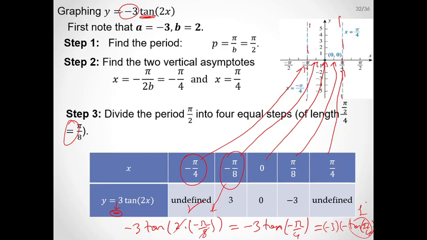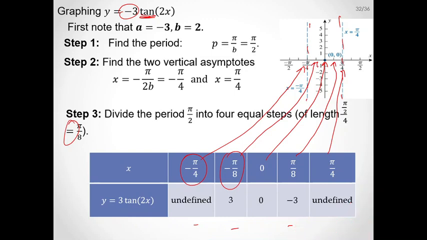Tangent 45 is 1, so you will get -3 times -1 plus 3, so you will get this one. Now all these values can be calculated by substituting these numbers for x in the function.